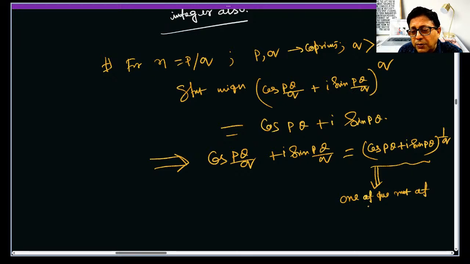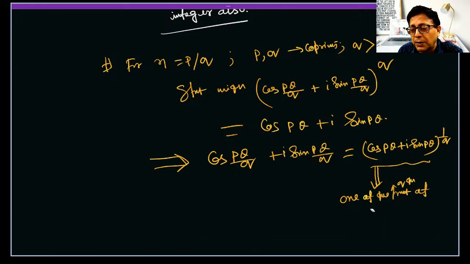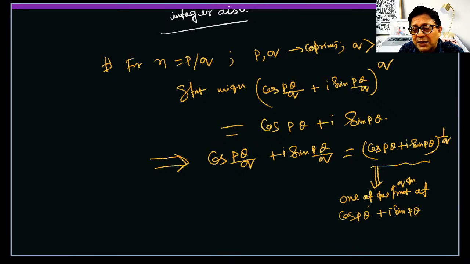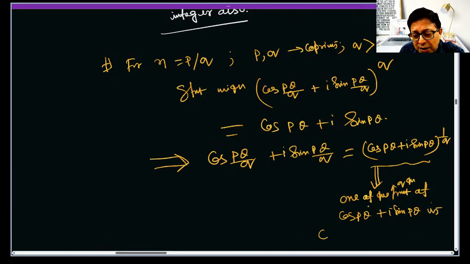One of the qth roots of cos pθ + i sin pθ is cos(pθ/q) + i sin(pθ/q).